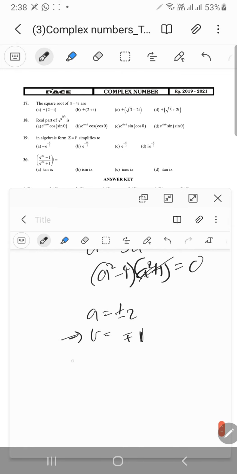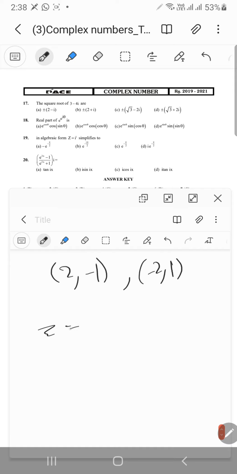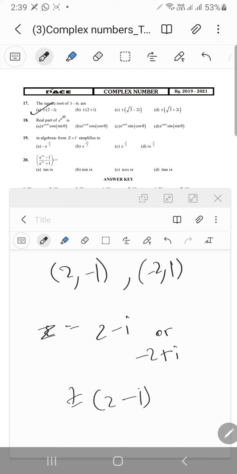So the ab ordered pair is 2 comma minus 1 or minus 2 comma plus 1. So our root, which is z, should be 2 minus iota or minus 2 plus iota. So basically plus minus of 2 minus iota. All right, this works.